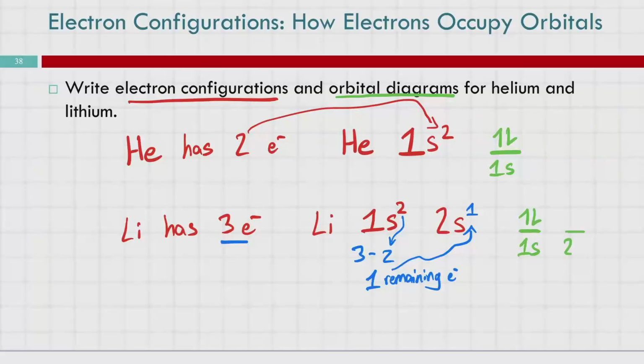Then we've got another box for our 2s, and we've got 1 electron in there. So we can put that in as an up spin electron. Do we have questions about how I came up with those?